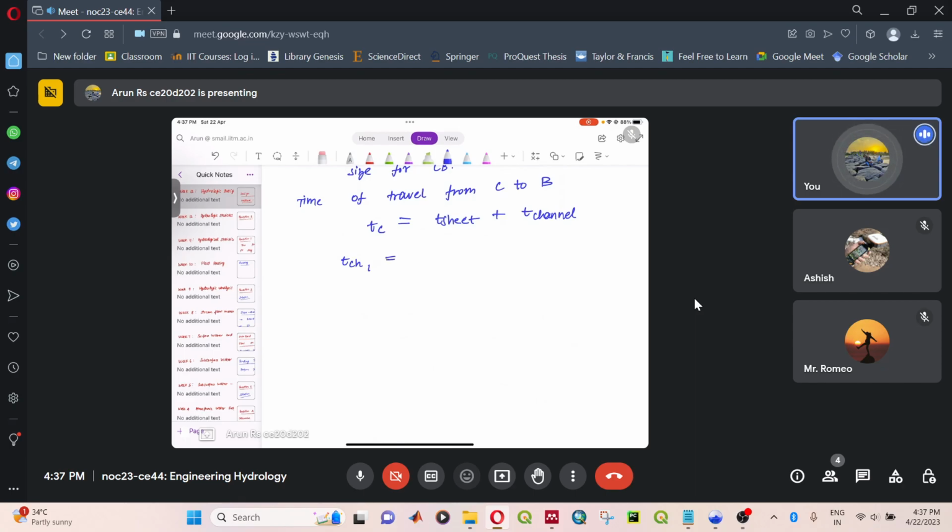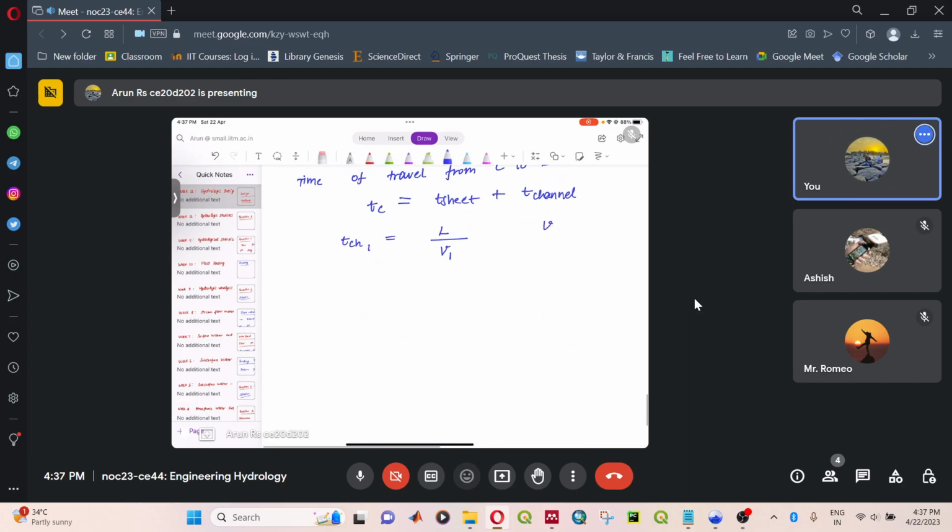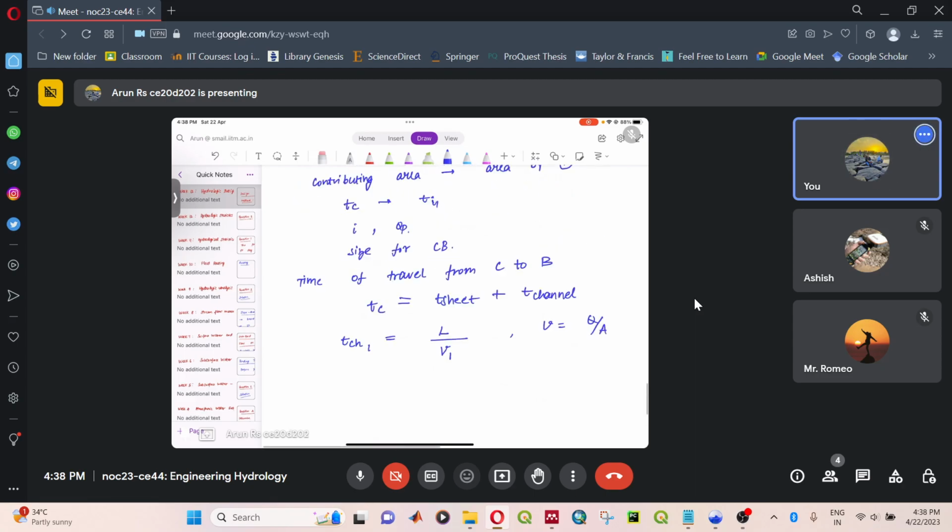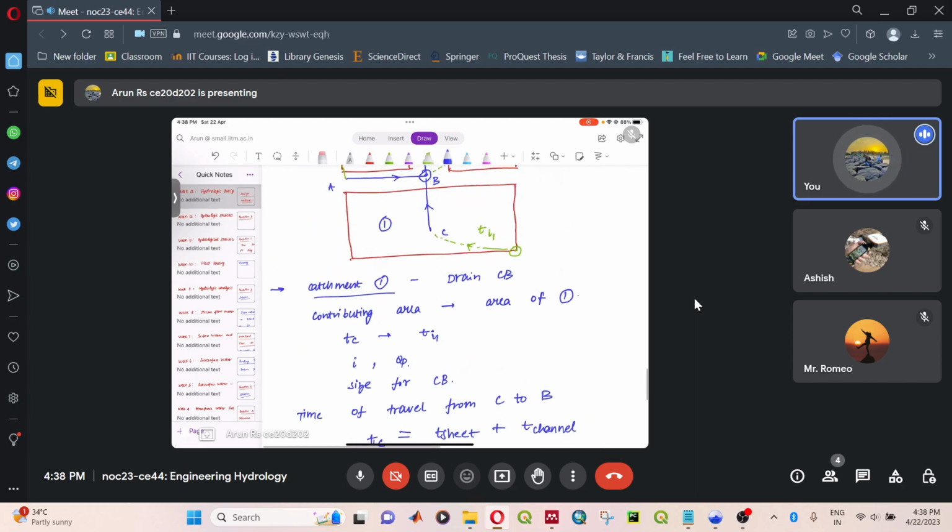So we know the length of the drain and we can find out the velocity. So velocity, again using Manning's formula, you can find out. So velocity will be Q by A. Once you determine the size, you can find out this. So we have calculated all the necessary things for the catchment 1 and the storm drainage CB.